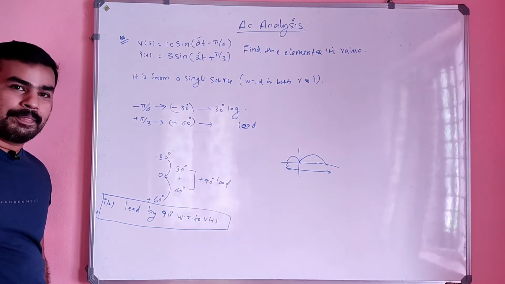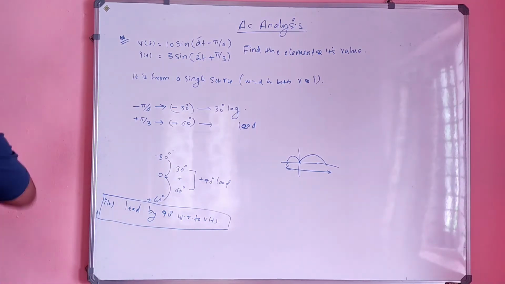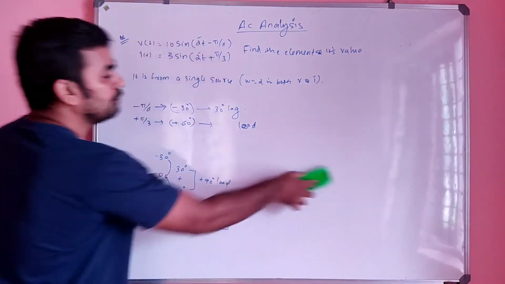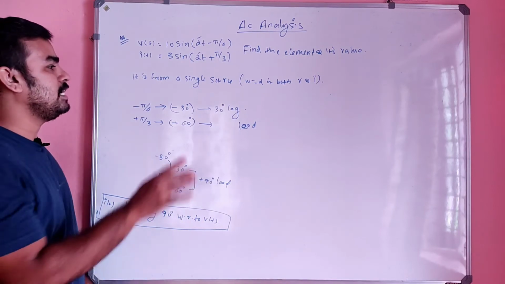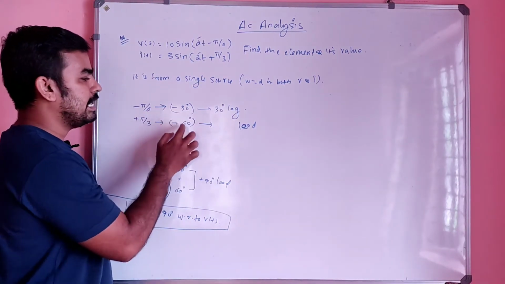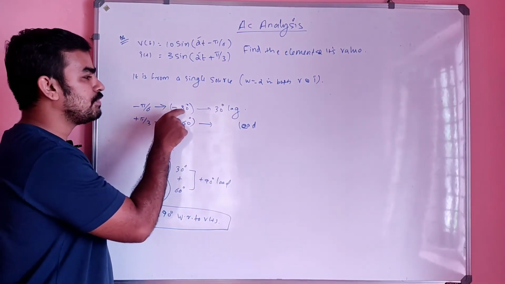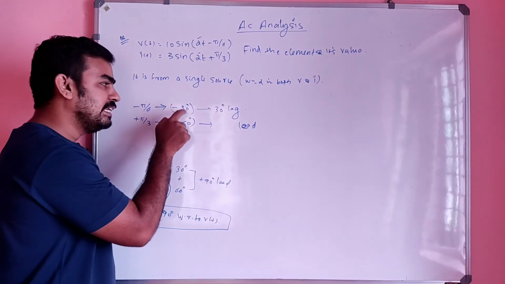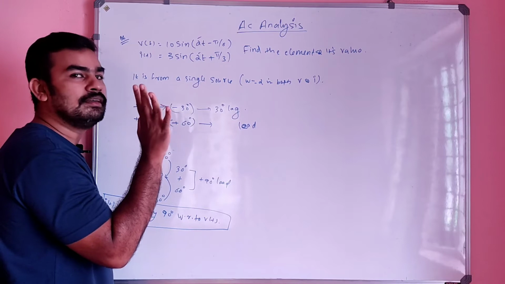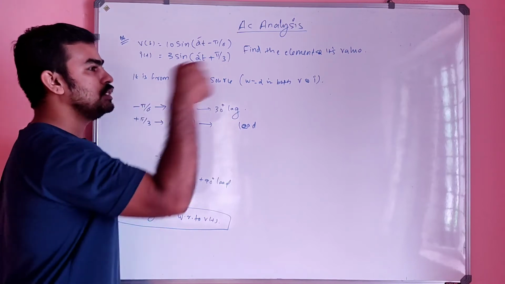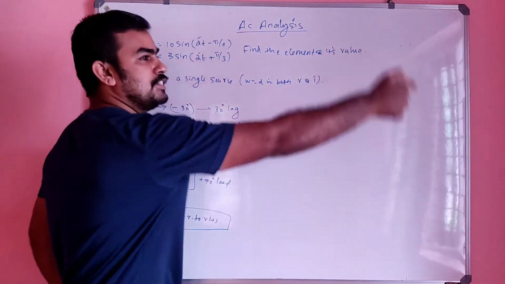Did you get the idea? This is actually very easy, but the concept you should know clearly, otherwise it will be long. So the simple way: minus 30 and 60. You have to reach from here to here. How much angle should you travel? Simple. That's all. Minus 30 to 0 you have to reach, 0 to 60 you have to reach.